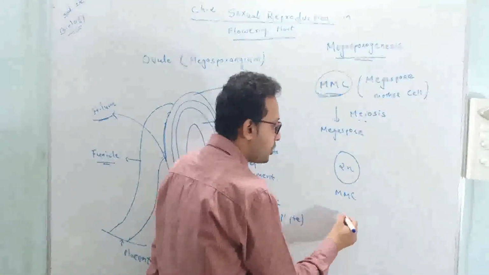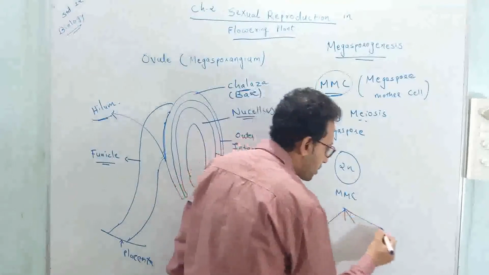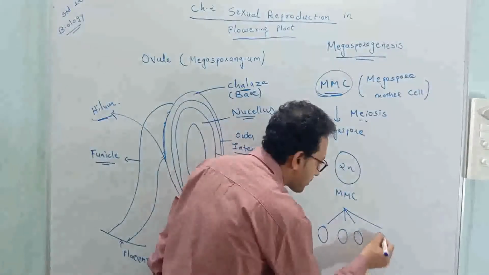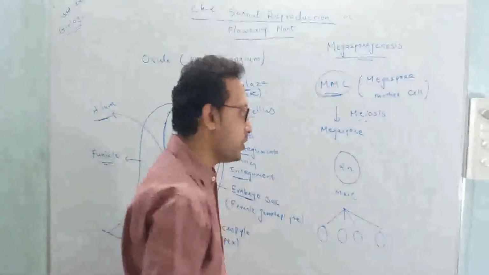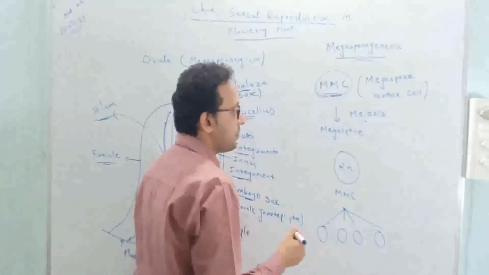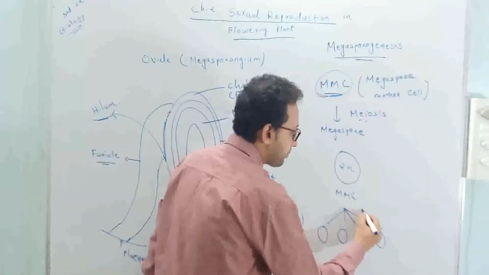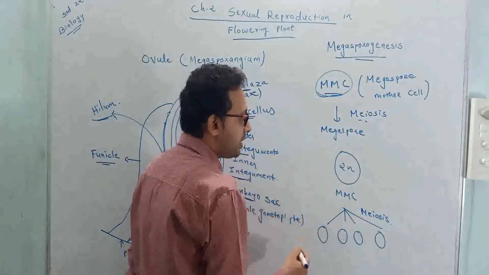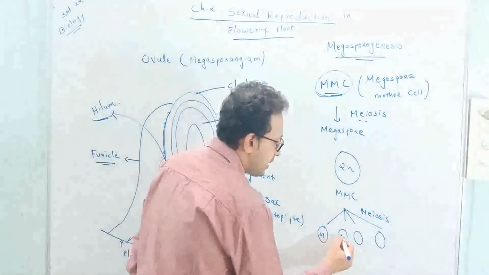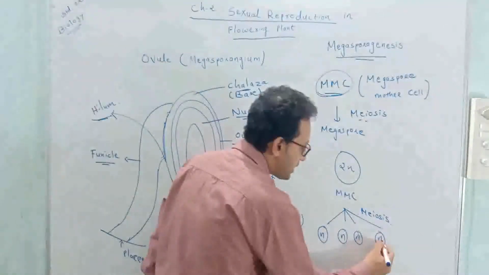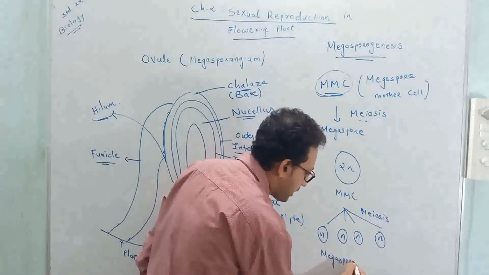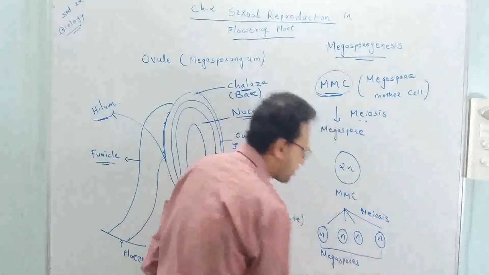You know that meiosis forms 4 daughter cells, which is a characteristic of meiosis. At the end of meiosis, the daughter cells contain the haploid number of chromosomes, or n chromosomes. These are called megaspores.